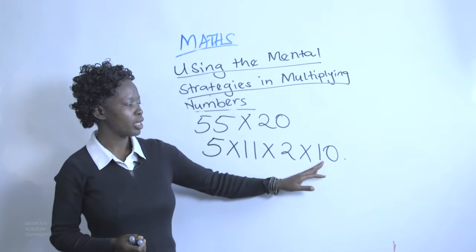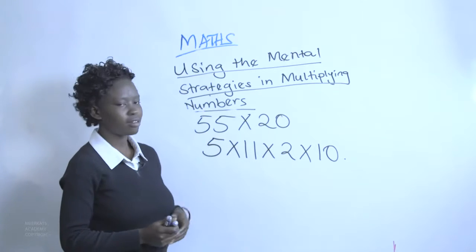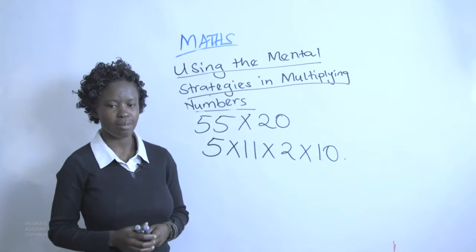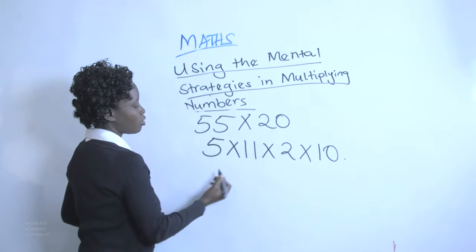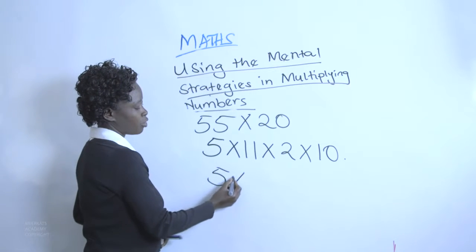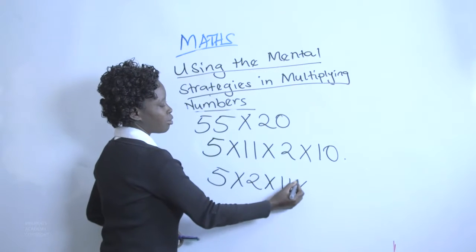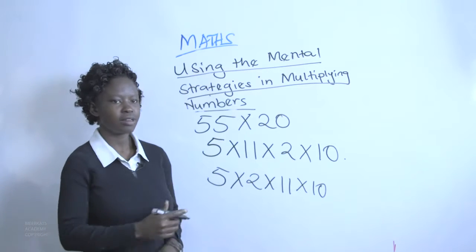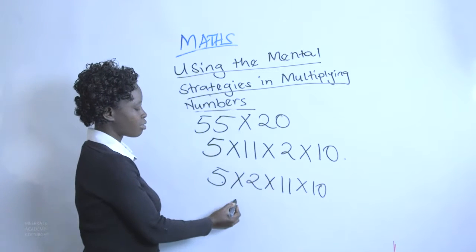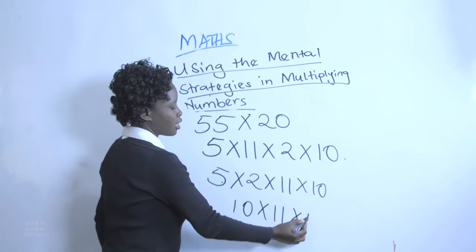Then we rearrange, we make an adjustment, we alter the arrangement of the numbers as they are. So we can alter this arrangement such that we will have 5 multiplied by 2, then times 11 times 10. Then 5 times 2 gives us 10 times 11 times 10.